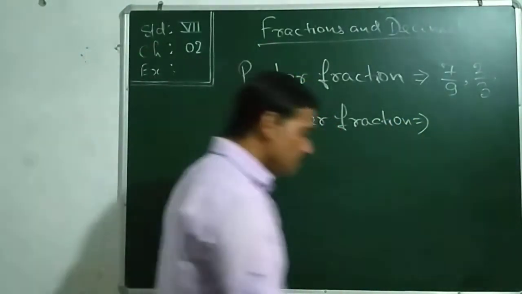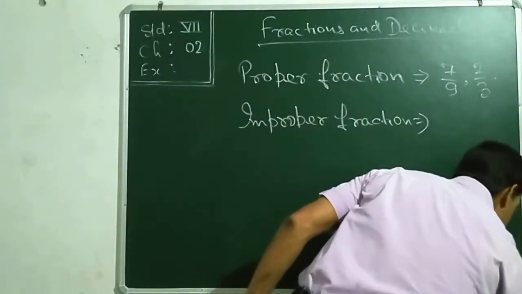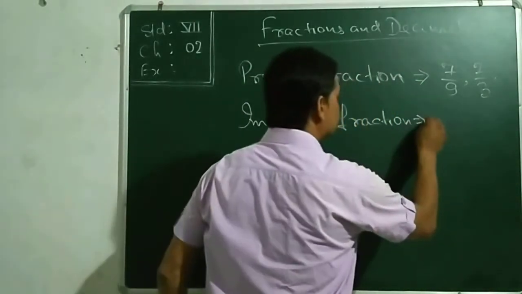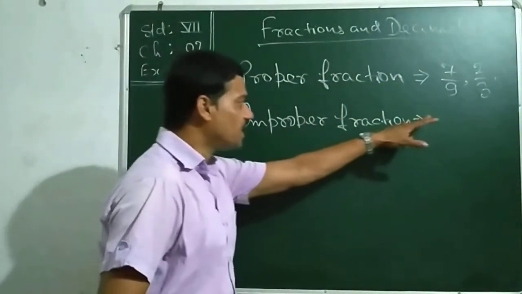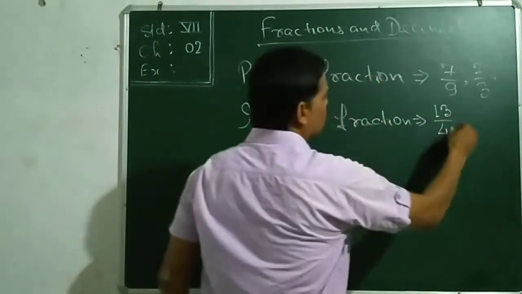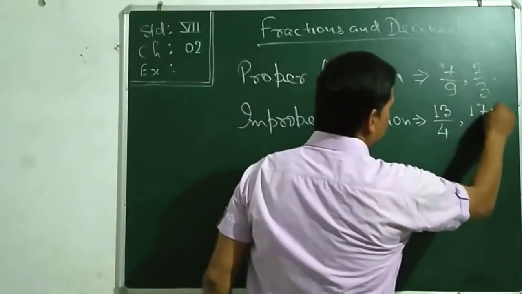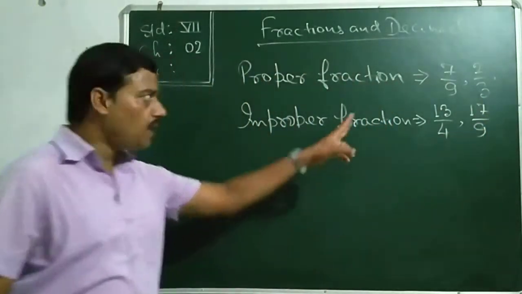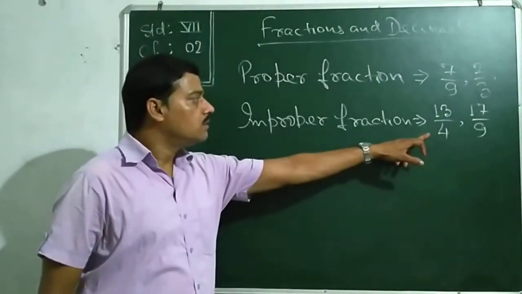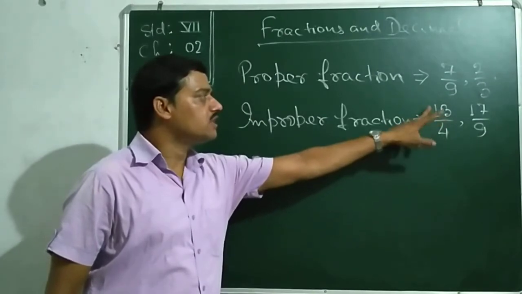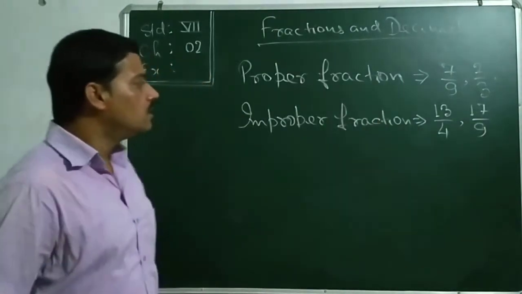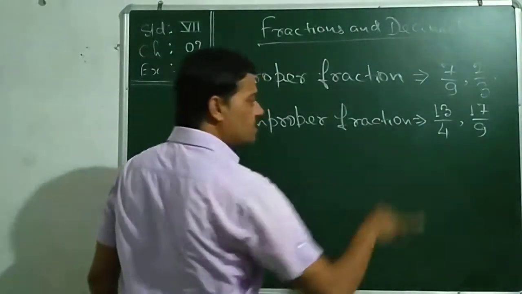If you reverse the order, that is to say, the greater number at the top, 13 by 4, 17 by 9, all of them are improper fractions. See, the numerator of the improper fractions can be divided by the denominator as it is the smaller number.